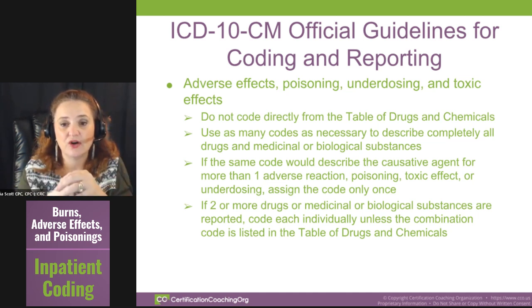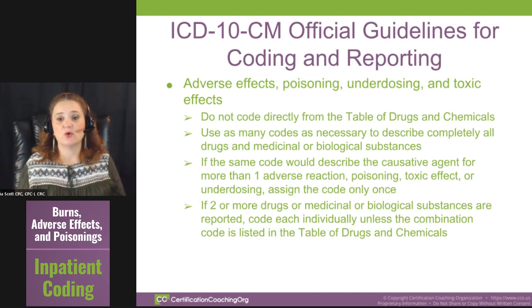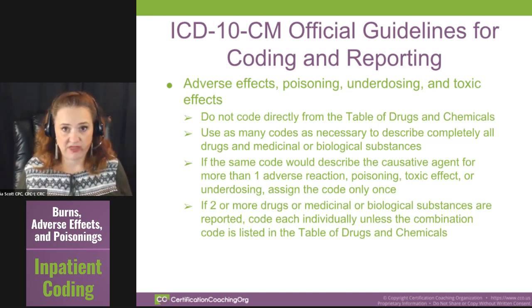So again, cardinal rule, don't code off the index. You code off the tabular. The table of drugs and chemicals is part of the index, not the tabular. This is the same thing with the neoplasm table that we've talked about. Sometimes you'll have to use more than one code to tell the whole story, and that's okay.